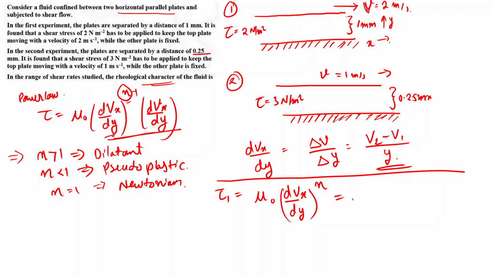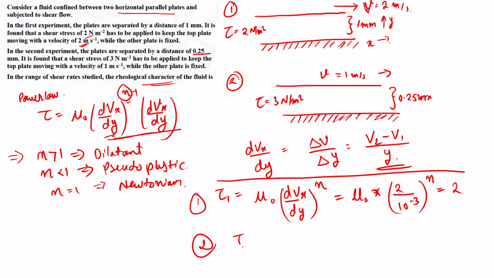Now, the value of mu we don't know. And dvx by dy, for case 1, we can write the velocity was 2 meters per second, upon 1 mm, which is 10 raised to minus 3 meter, raised to n, and the shear stress applied was 2 Newton per meter square.